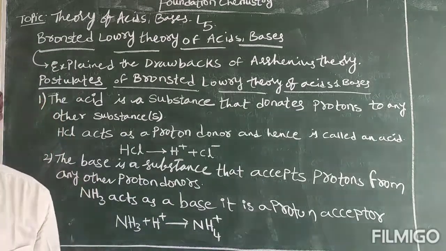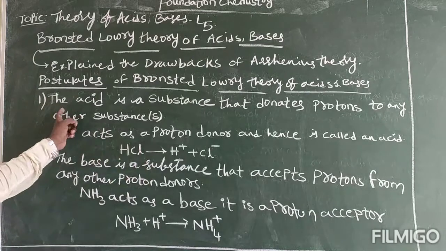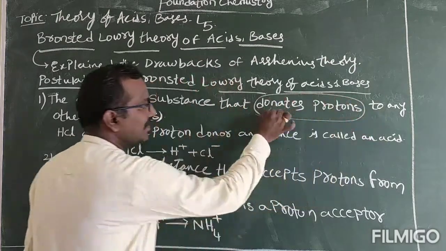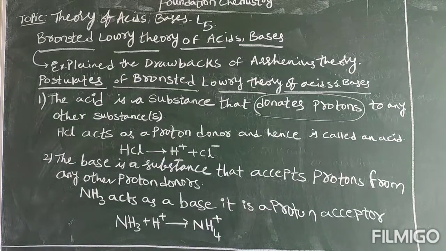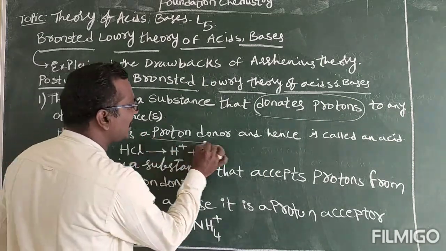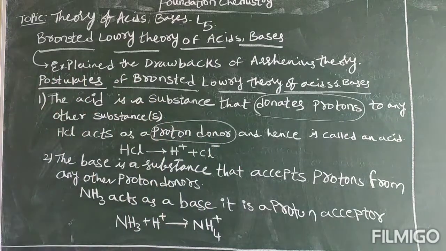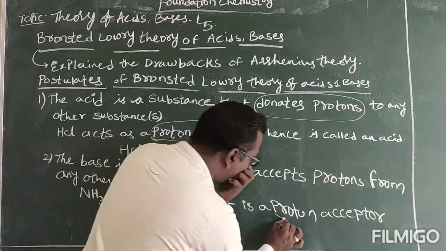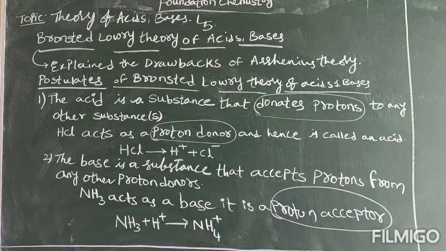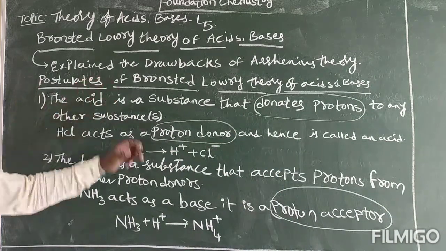Only protons are present in that. The acid is a substance that donates protons to any other substance. A proton donor is called an acid, and a proton acceptor is called a base. This is the major concept given.